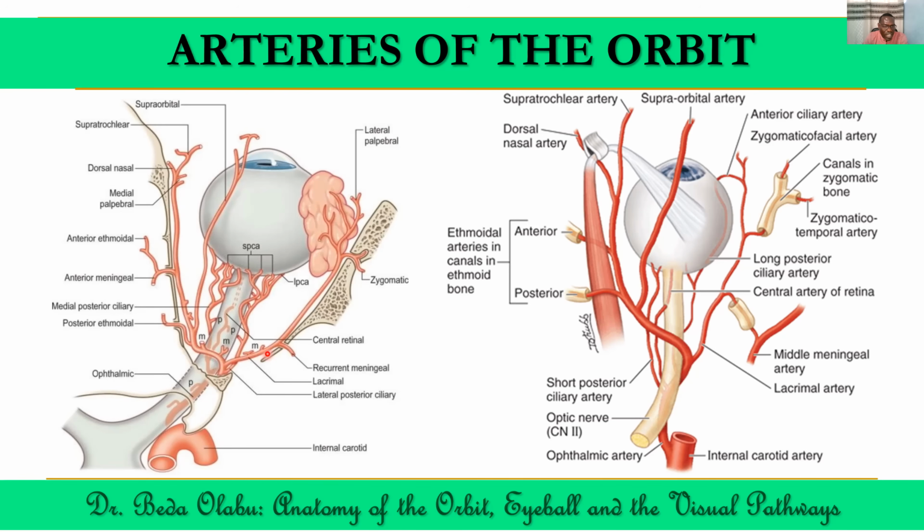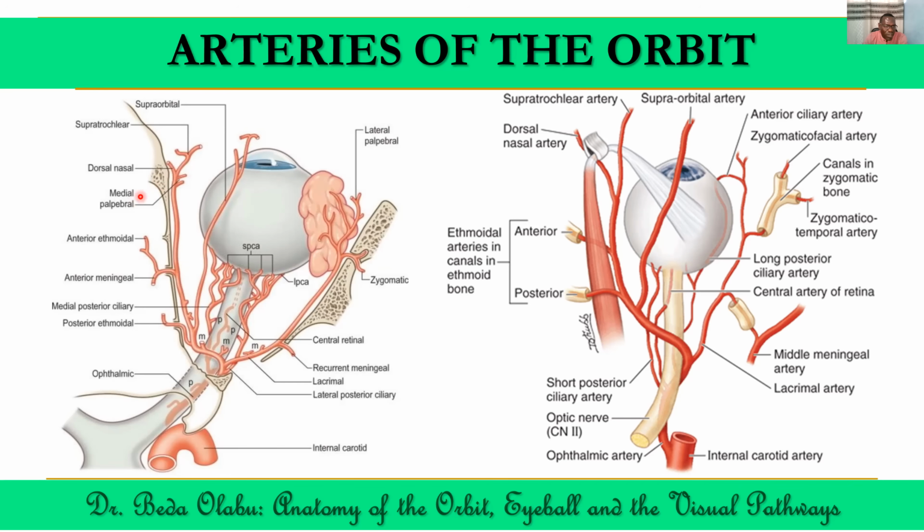So this is the lacrimal branch. We also have the supraorbital branch. We have the supratrochlear branch. We have the dorsal nasal branch there.